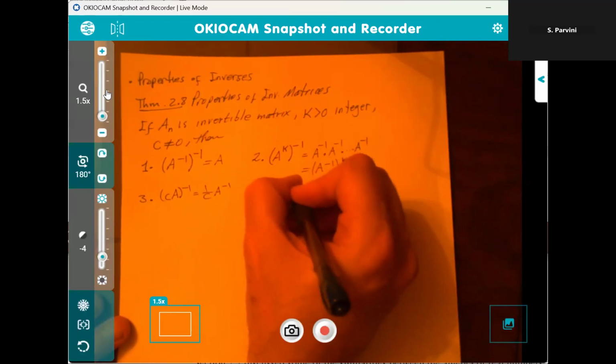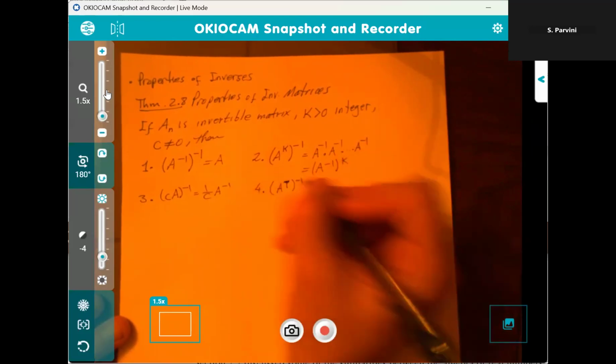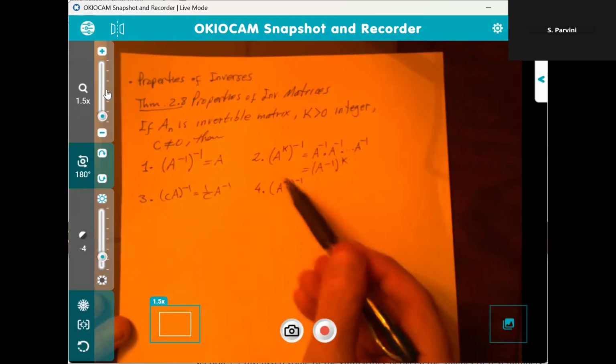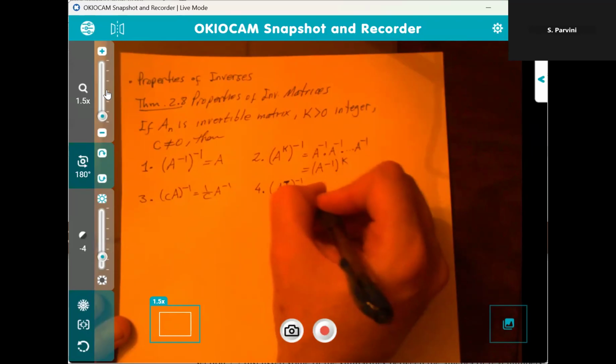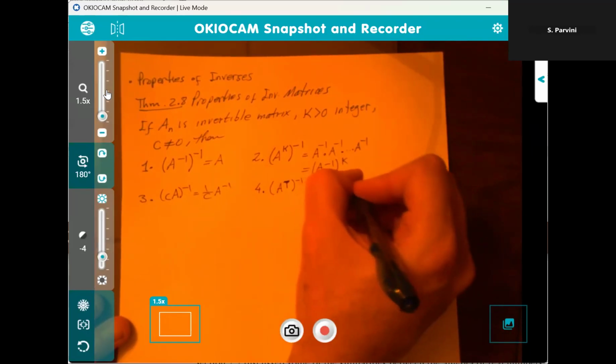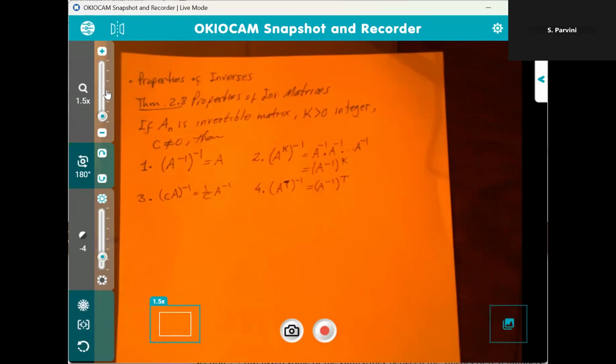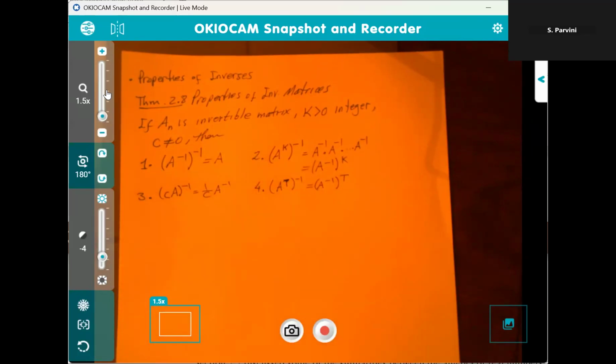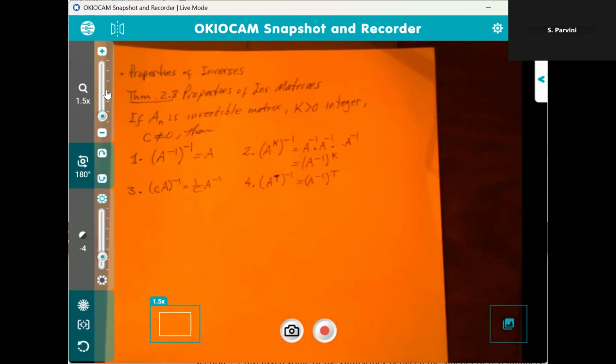If you do the inverse of a transpose, so suppose I have A transpose now, and I want to find its inverse, you can also do the inverse of A and then transpose it. That property also holds. We will prove number 2 and 4 in just a few minutes here. But these are the properties of inverse matrices.